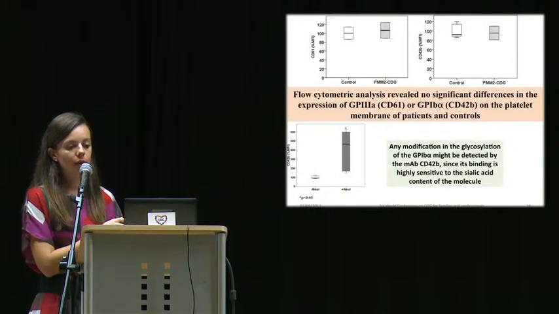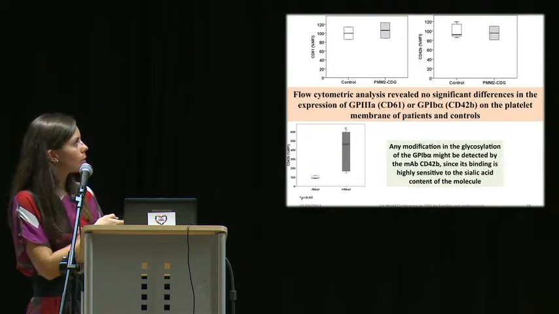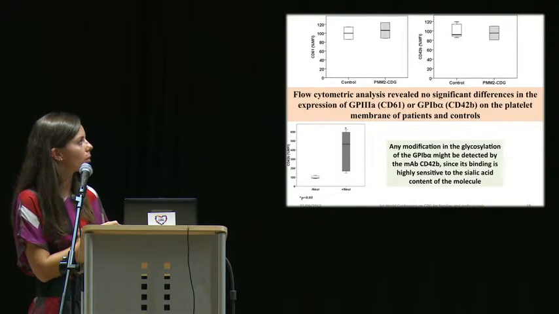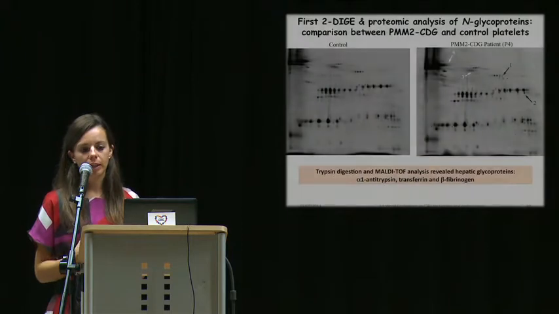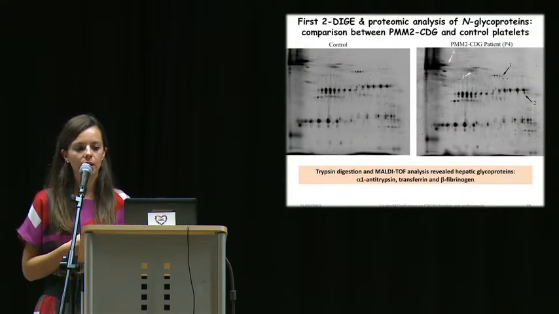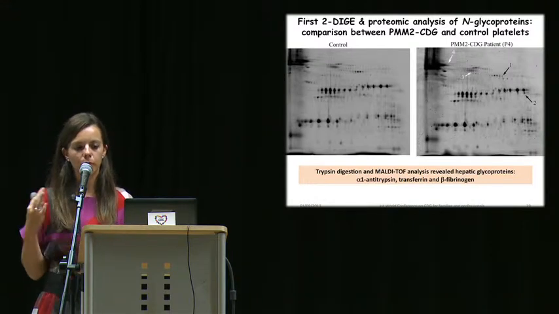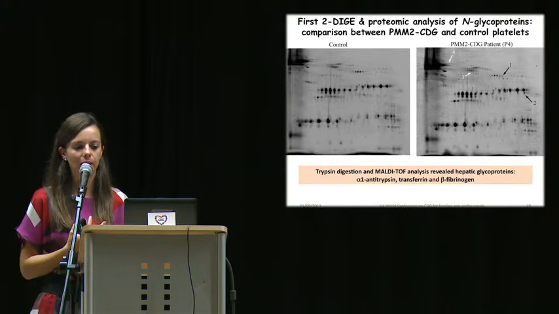And moreover, by flow cytometry analysis, we did not see any significant differences in the expression of two other glycoproteins, the GP3A or the GP1B alpha. And finally, we have performed a very sensitive methodology called proteomic analysis in order to evaluate all the N-glycoproteins of the platelets.